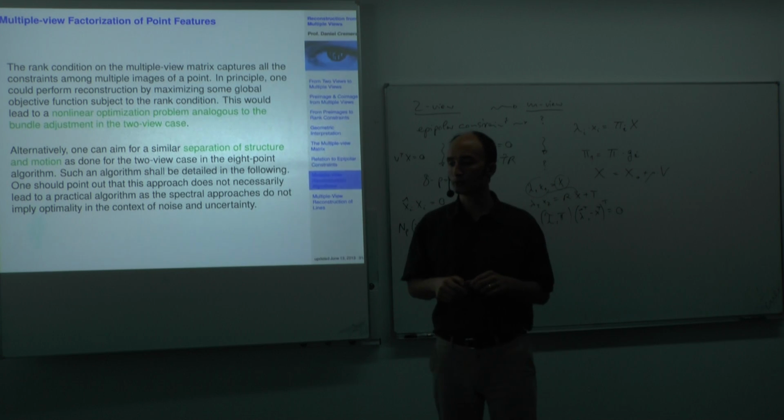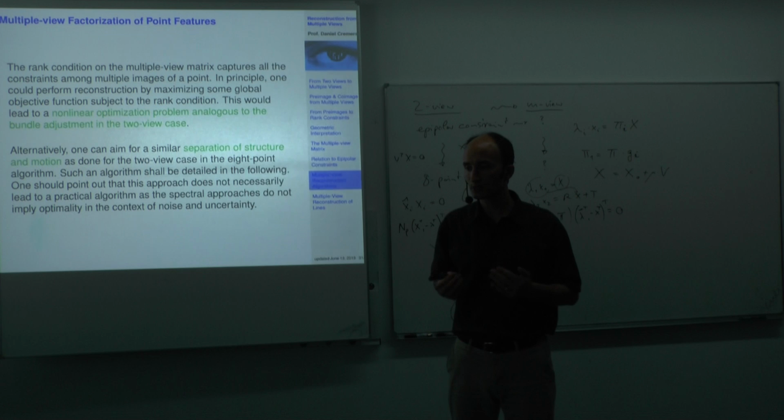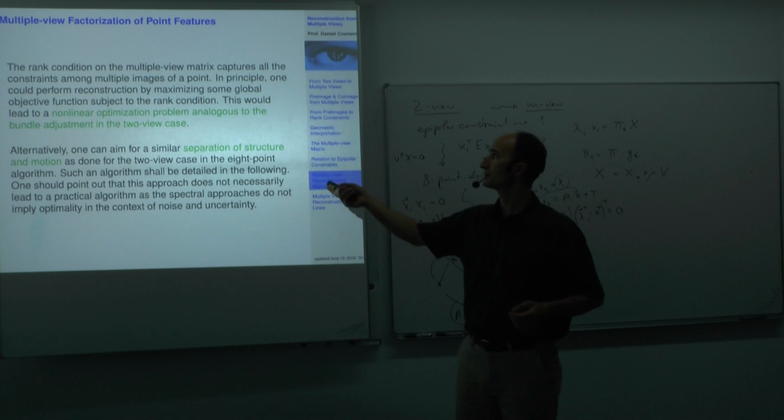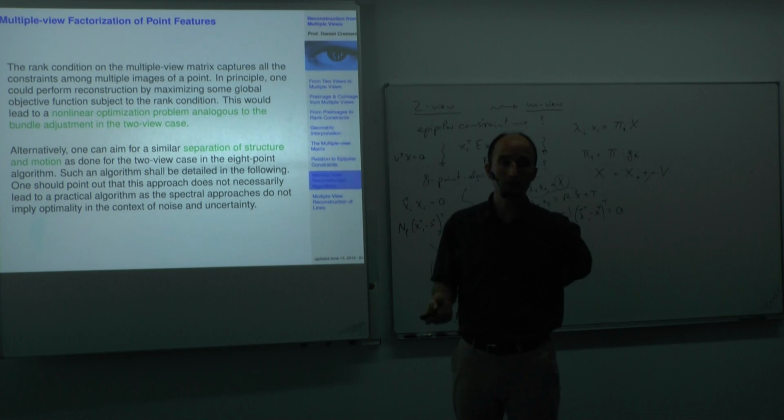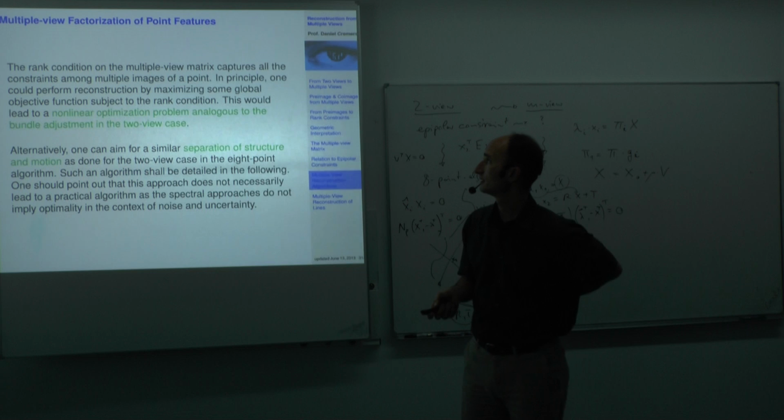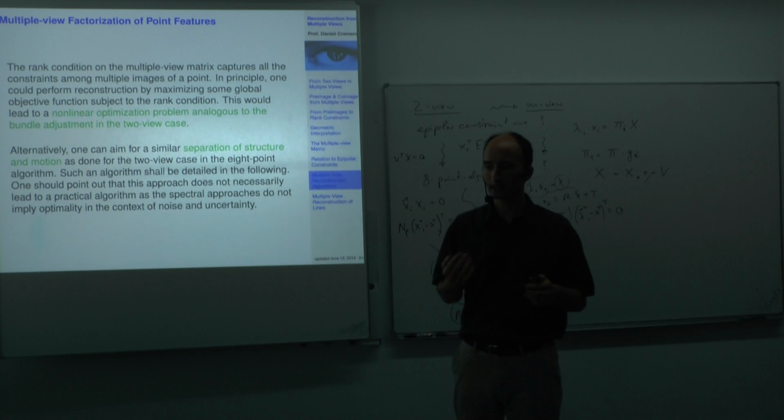And so we could use an optimization process where we estimate and minimize a global objective function under the constraint that the rank condition is fulfilled. And that would lead to a nonlinear optimization problem, quite analogous to the bundle adjustment for the two-view setting.